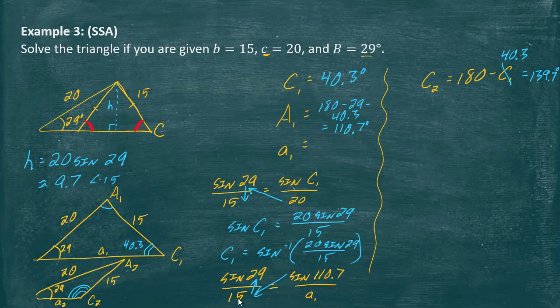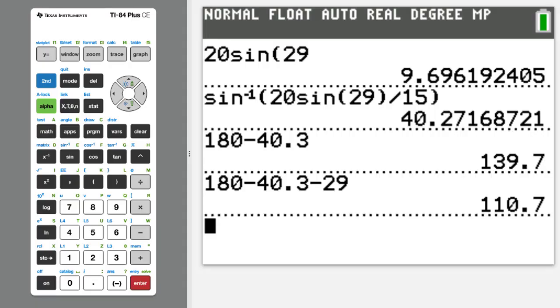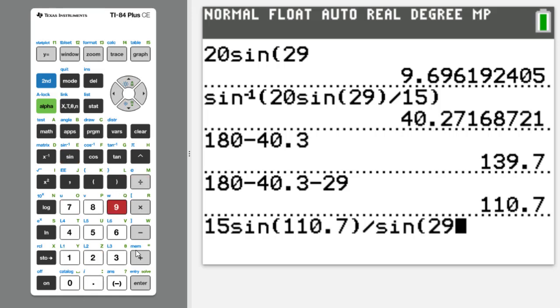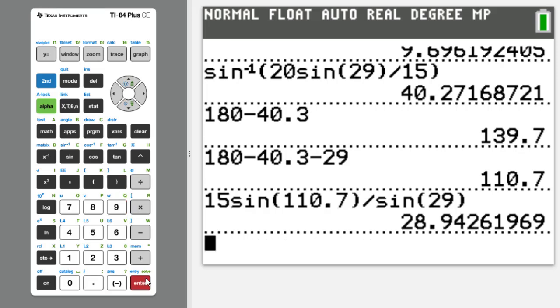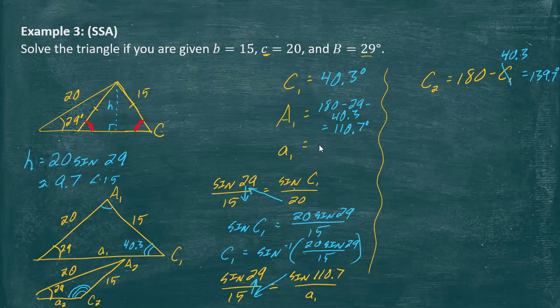For this one, it's going to be 15 times sine of 110.7, then divided by sine of 29. And if I press enter, it gives us that last side length for that one would be 28.9, which makes sense that that's the largest side because that's across from the largest angle.